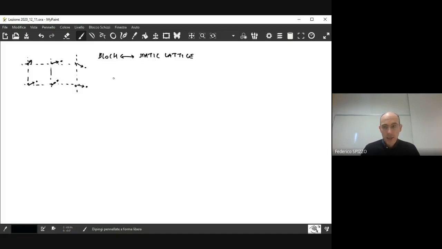Let's try to transform this expectation into a calculation, to evaluate if there is an actual interaction between phonons and electrons. We may use as a starting point the expression for the interaction energy between one electron in the system and the ionic lattice.